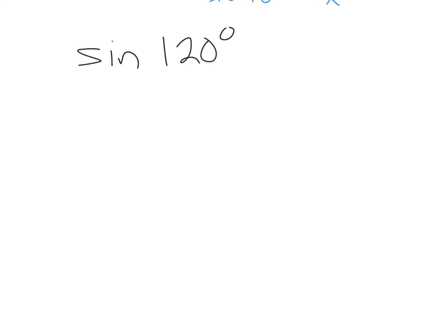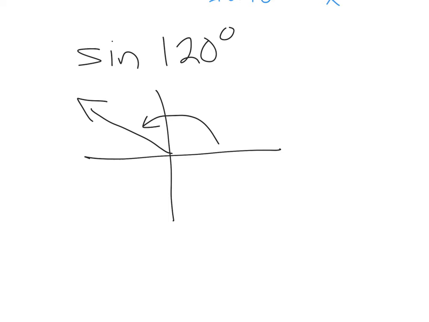120 degrees? Well, the first thing you're going to do is draw 120 degrees, and you think of a point on the terminal side there. What are the x and y coordinates of that point? To figure out possible x and y coordinates of that point, we can drop an altitude and draw a triangle.